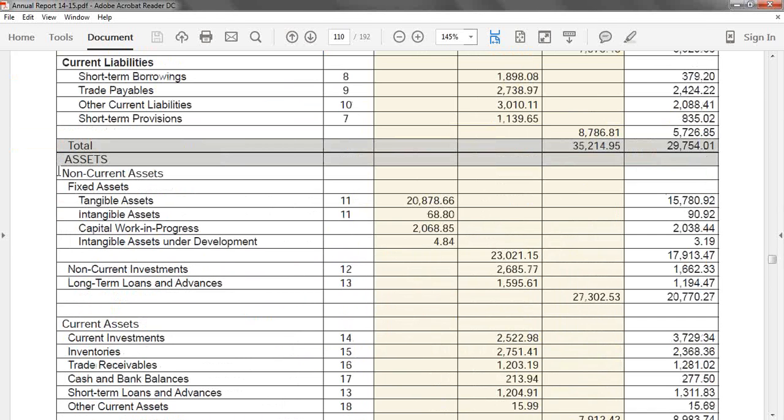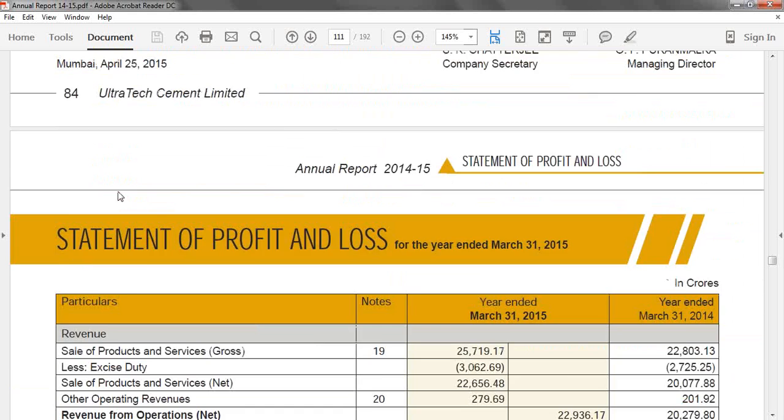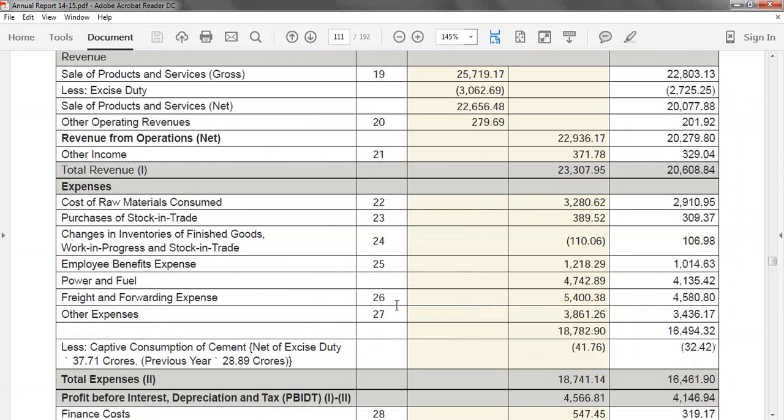Now, here in Ultratech's case, standalone versus consolidated is not very different. There aren't too many subsidiaries, so we kind of fix our data points on standalone itself. If there is a big difference, you look at consolidated data points, right? Now let's go ahead and look at what's happening with their interest component.